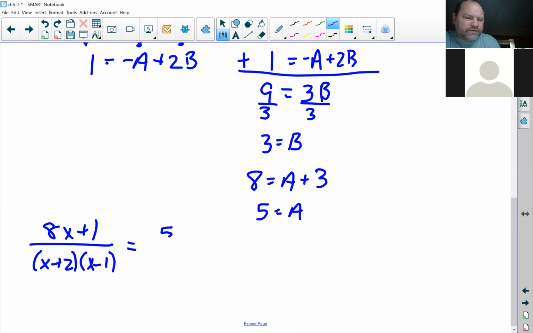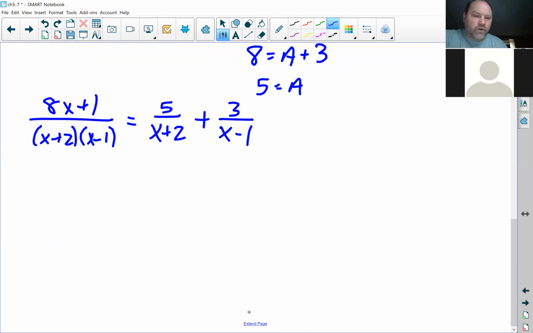So 5 over x plus 2. And 3 goes over x minus 1. Now, if you're unsure if that's really true, go ahead, find your common denominators on the right-hand side, and then combine your numerators. I think you'll be pleasantly surprised that that is true.